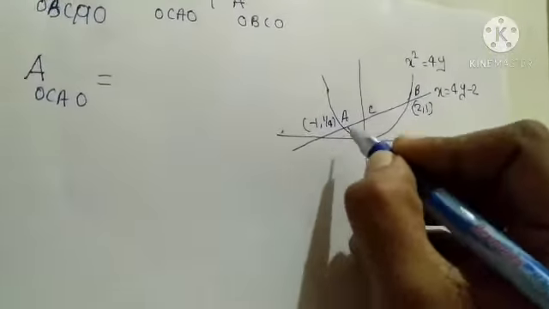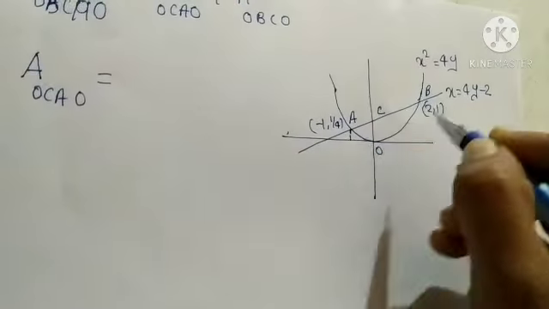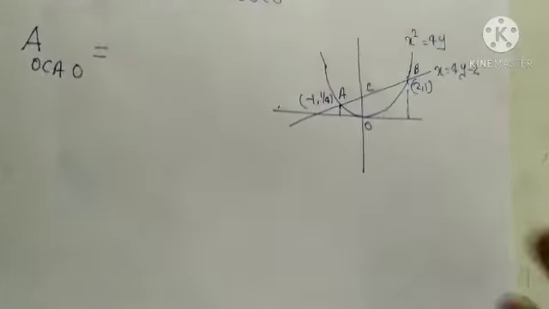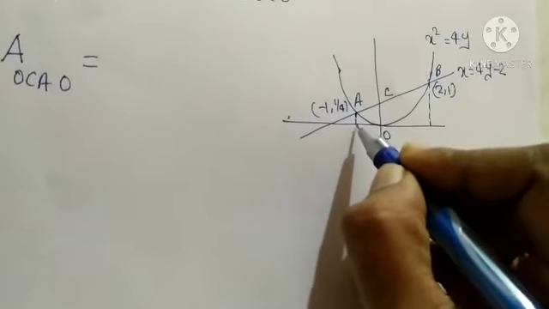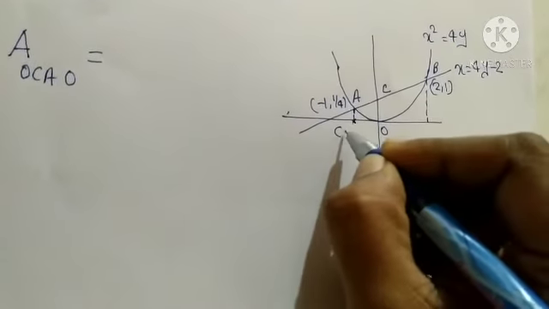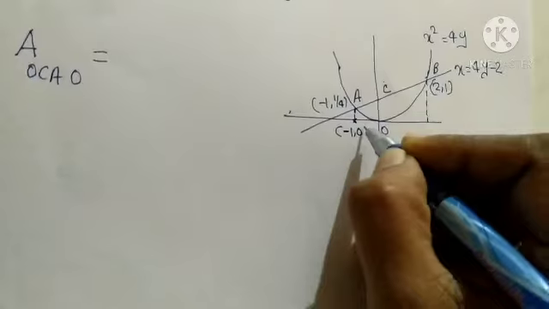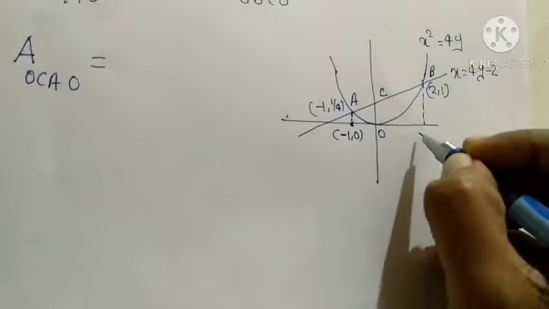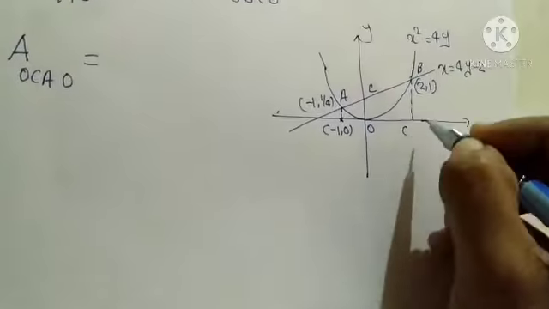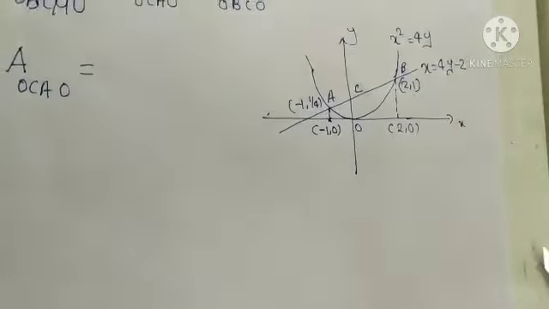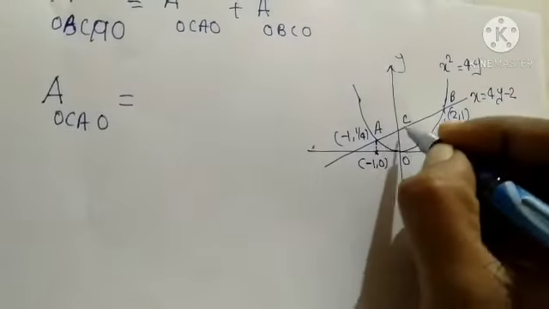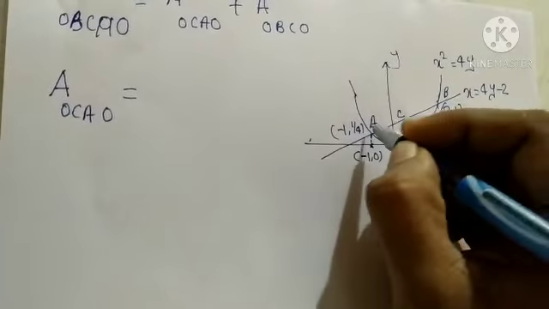Okay, and next I am going to extend this line. So here we get this point is minus 1 comma 0, and again this point coordinate is 2 comma 0. So first I am considering the small region, that is OCAO.